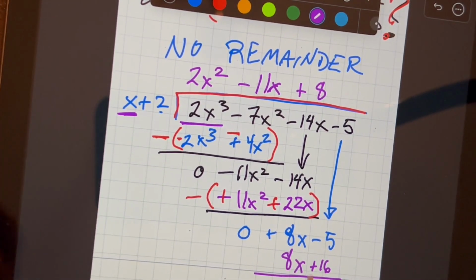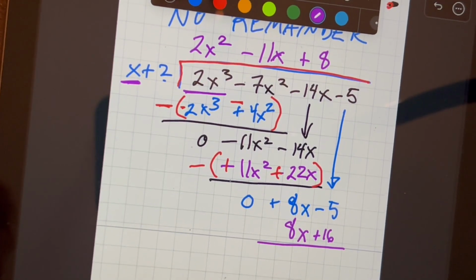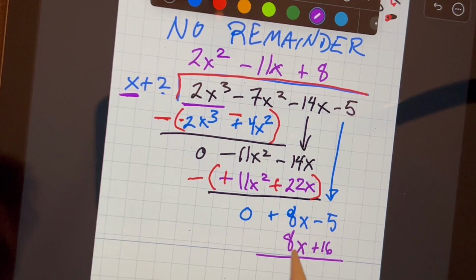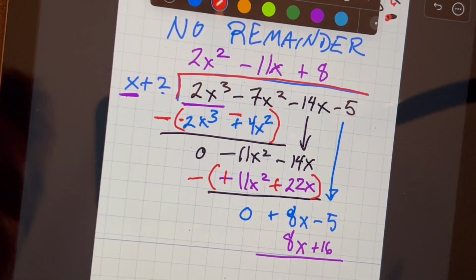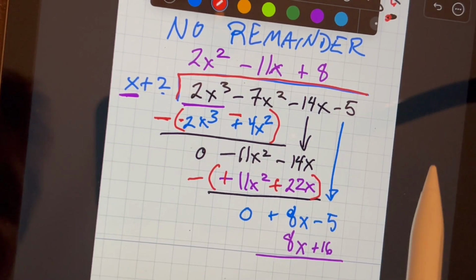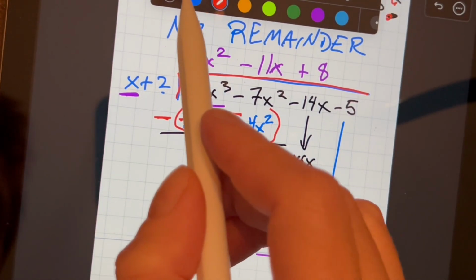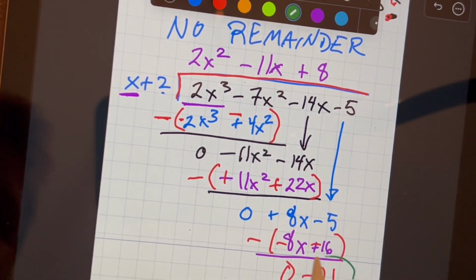Already, I know that I have a remainder. Why? Because these two things are not the exact same, are they? When we subtract them, we end up with 0 and negative 21 is the remainder.